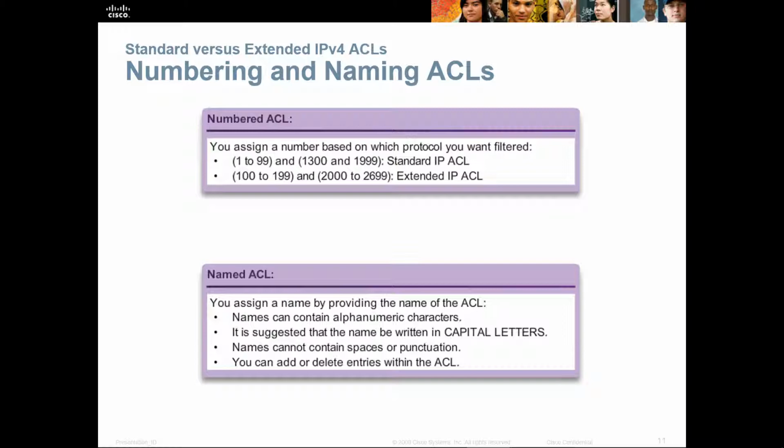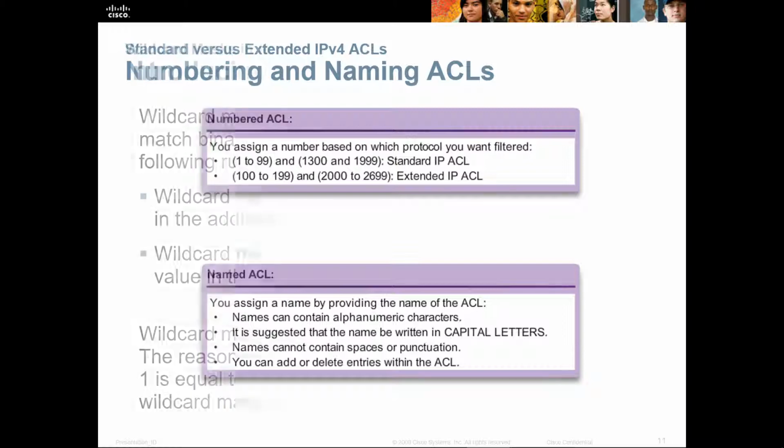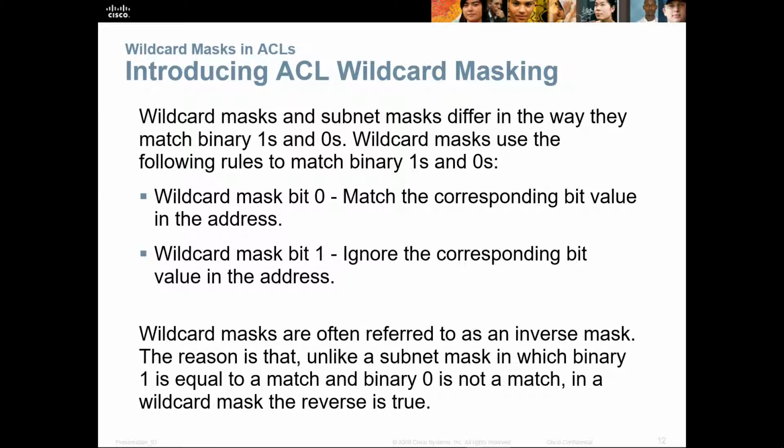So how do wildcards come into play when dealing with ACLs? Wildcard masks and subnet masks differ in certain ways. Subnet masks use ones and zeros to match binaries, while wildcard masks use the following rules to match ones and zeros. Wildcard mask bit 0 will match the corresponding address bit, where wildcard mask bit 1 will ignore the corresponding bit.